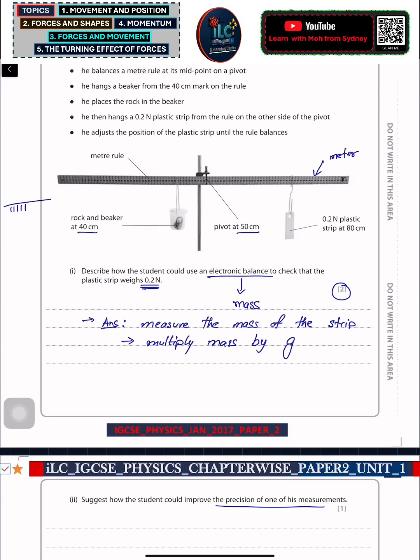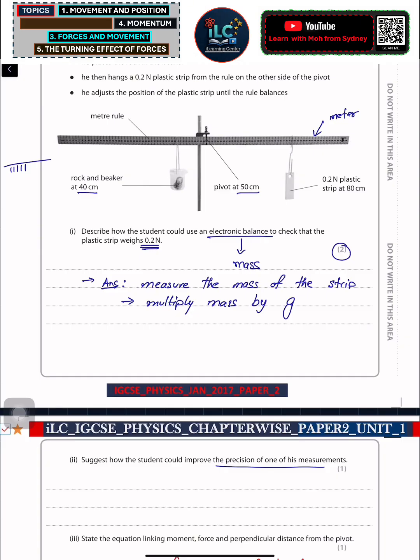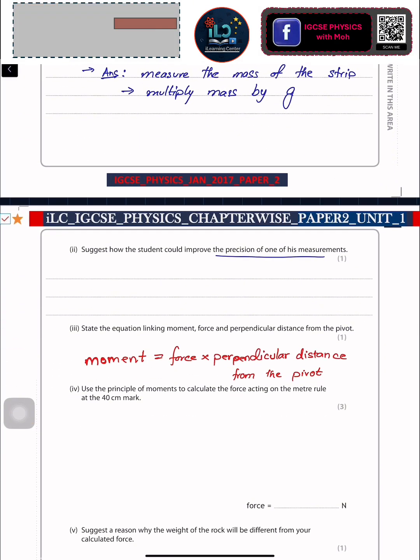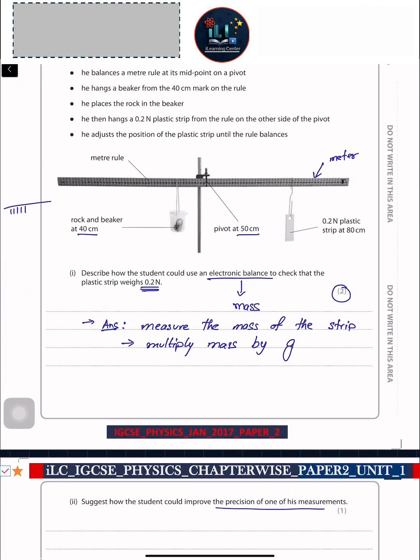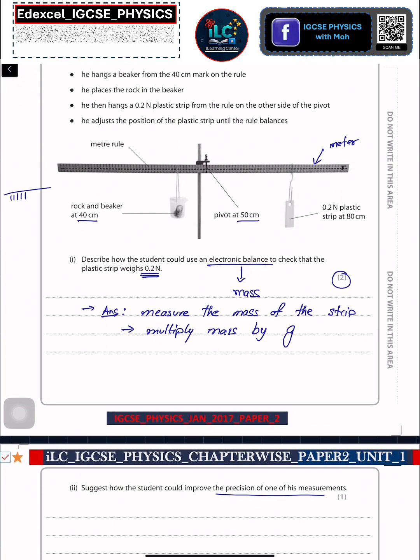It should tell you better information about the meters or any units above. So for this kind of question, you can just mention take a better ruler or something like that.